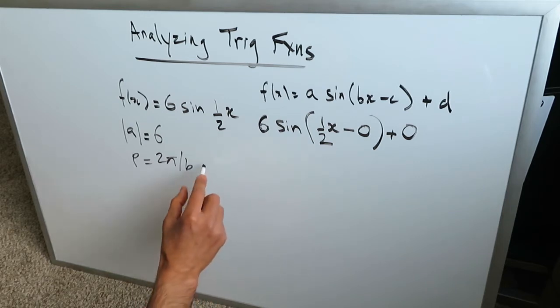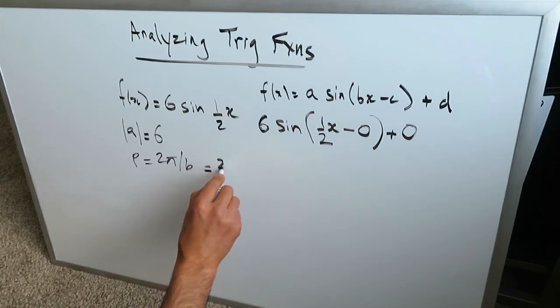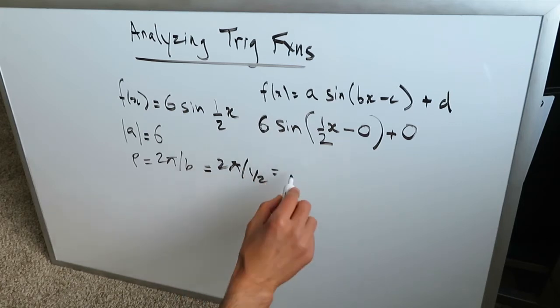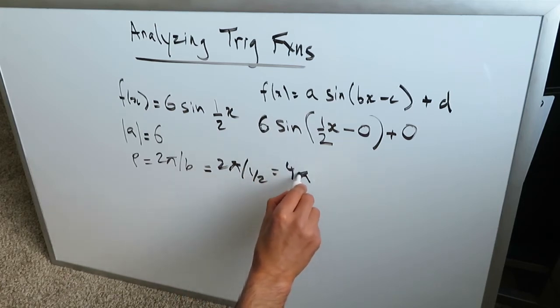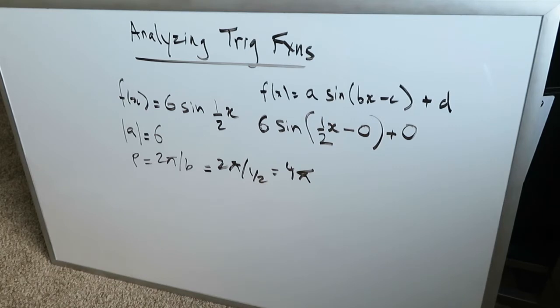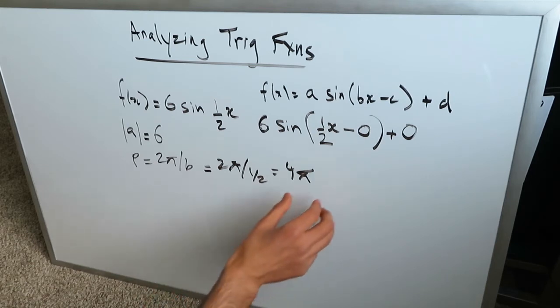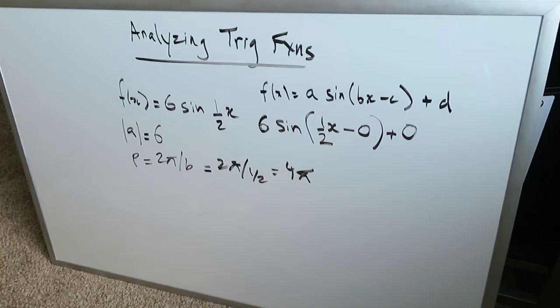All we have to do is plug that half into place of b. We get 2 pi over half. Flip half around, what do we get? 4 pi. We have a wave over here which is not the standard 2 pi period, 360 degrees long. It's twice the length of the standard sine wave. So it has twice the period. So the period over here happens to be 4 pi.